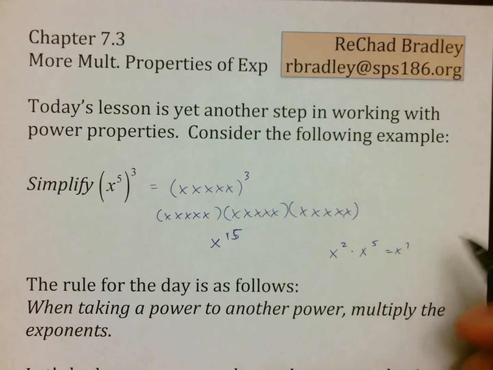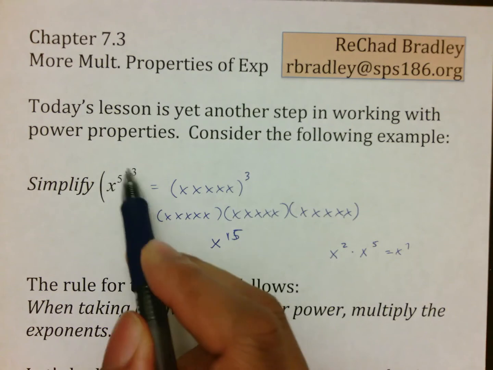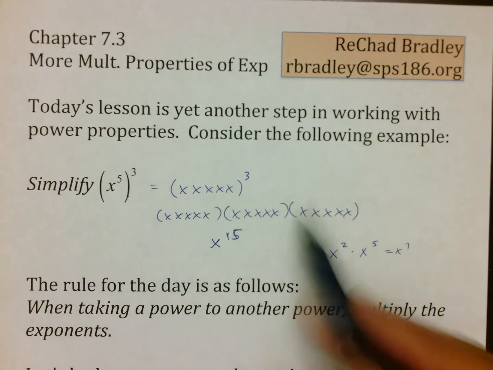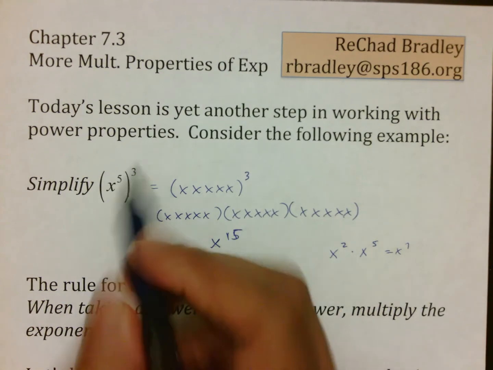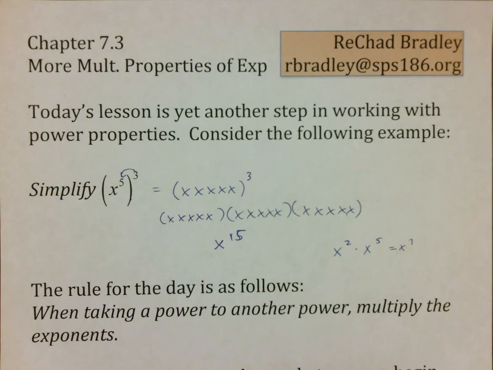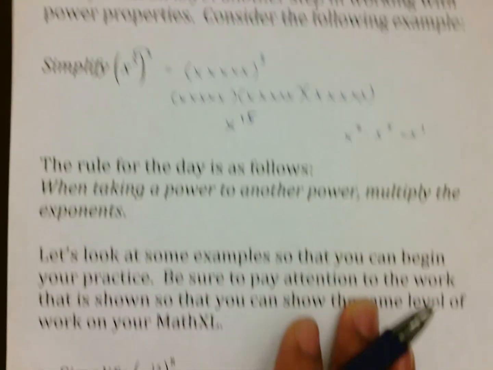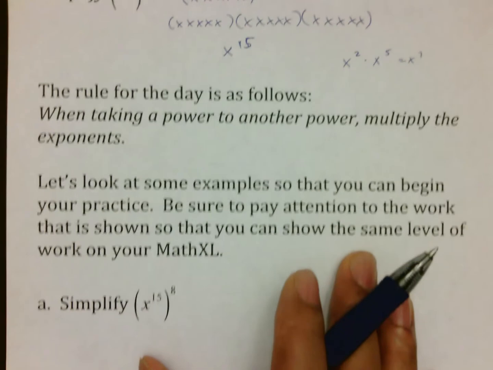But the easy hint is that whenever the power is separated by a parentheses, remember parentheses usually means multiplication. It's kind of like a distributive property where the 3 drops down to 5, making it 15. However you do it, make sure you practice understanding what is going on, because that is a very important process for you to know.